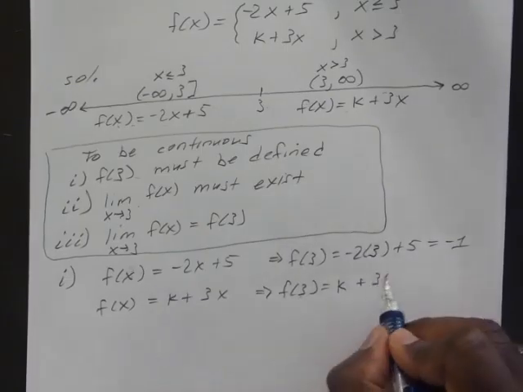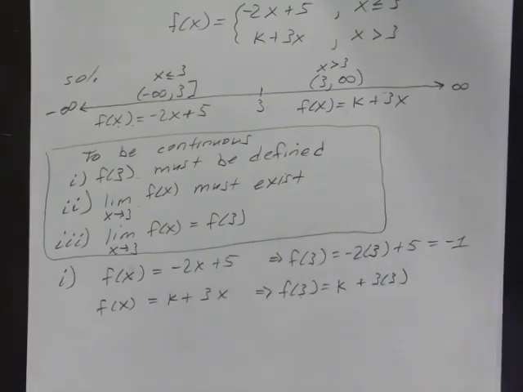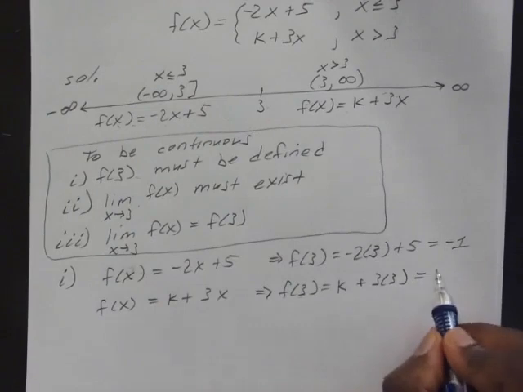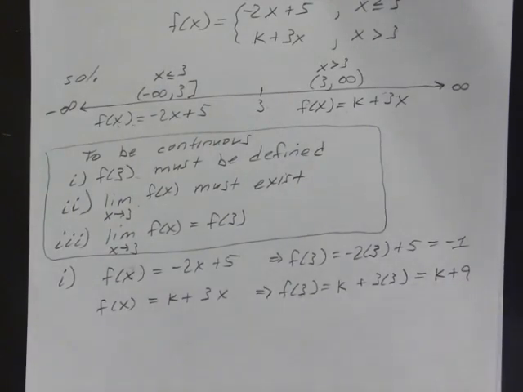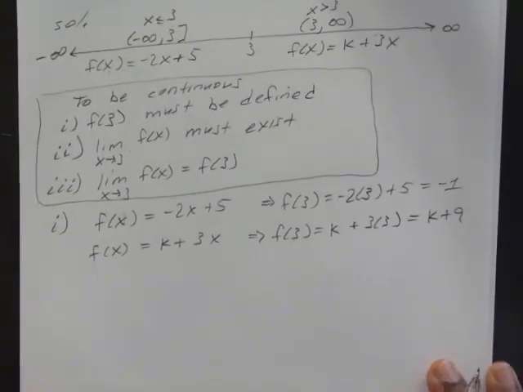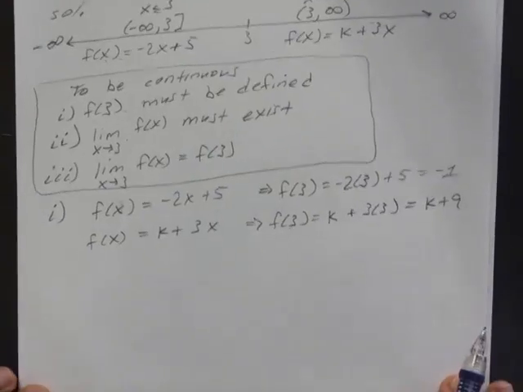So that's 3 times 3. So that gives us k plus 9. Now, honestly, you could skip the second step, and I'm going to go through it anyway, but technically you can skip it. Once you do this, you kind of have your answer already.